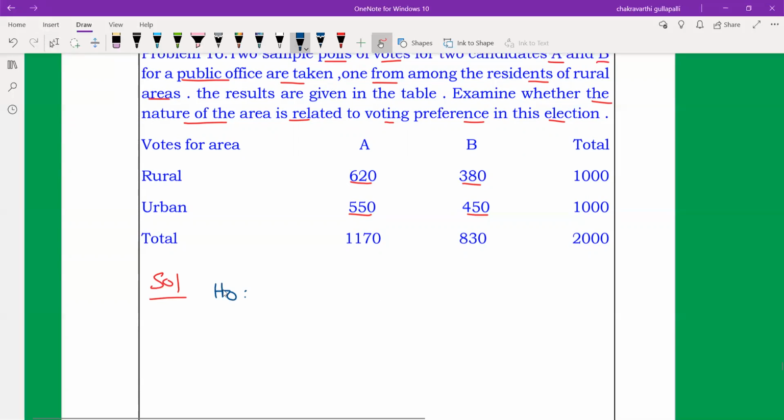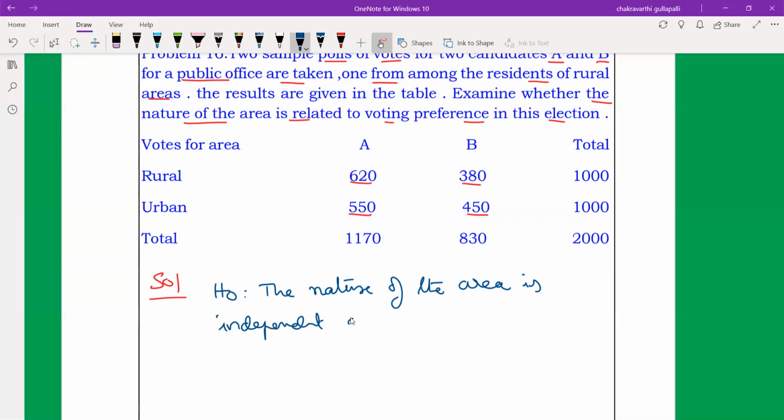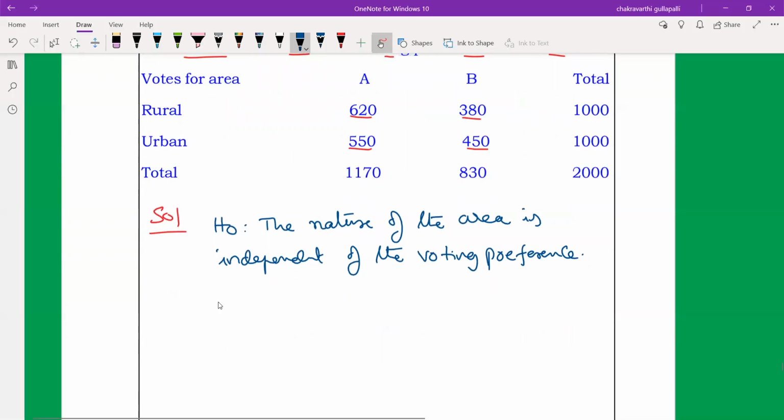You have to write the suitable hypothesis. H0: The nature of the area is independent of the voting preference.